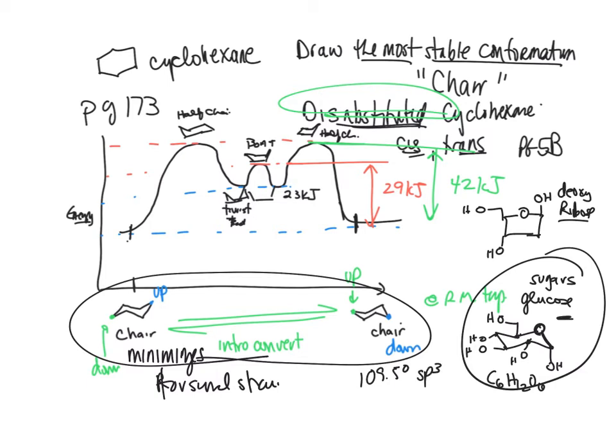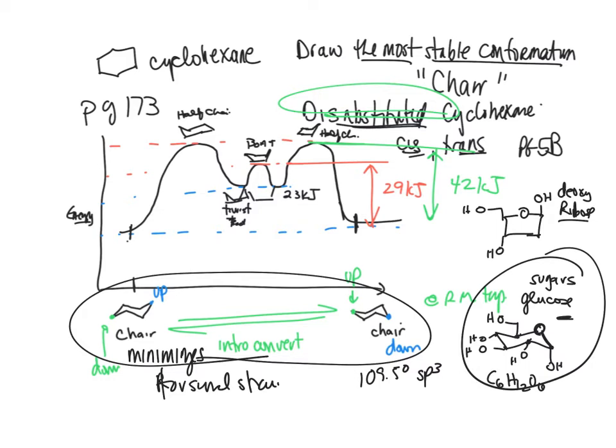But what's different between these different conformations are the hydrogens. So if you look at the Newman projections, everything in the chair is good. The problem is eclipsing hydrogens and the flagpole hydrogens.